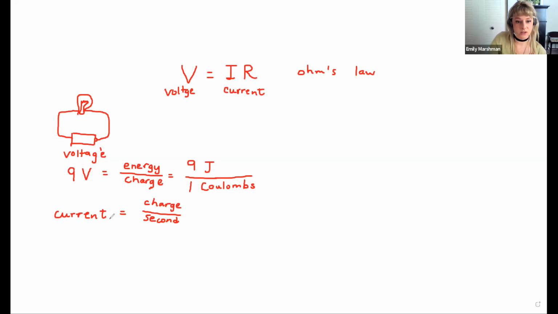The units for current, by the way, are amps, which you've probably heard of in your everyday life. Okay. So more amps, more amperage means a higher current. There's more charge flowing through this circuit every second.